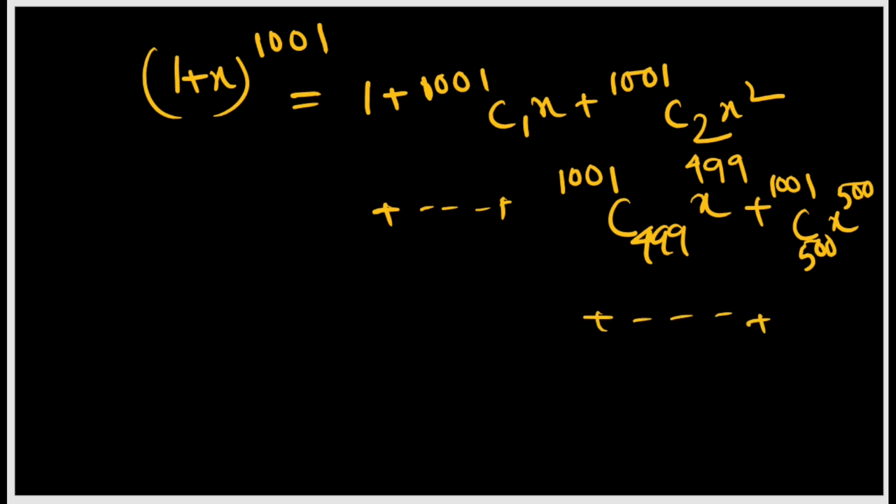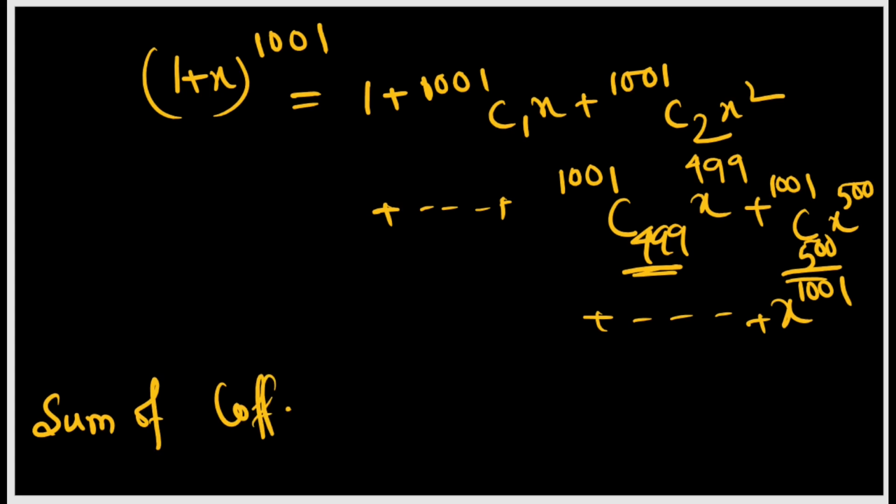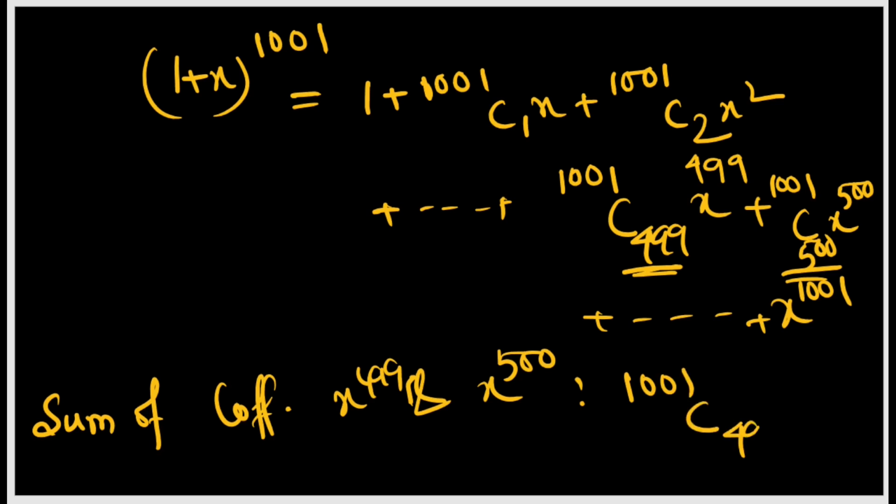The last term is x^1001. So we only need this coefficient and this coefficient. So the sum of the coefficients of x^499 and x^500 is equal to 1001C499 + 1001C500. So we only calculate this sum.